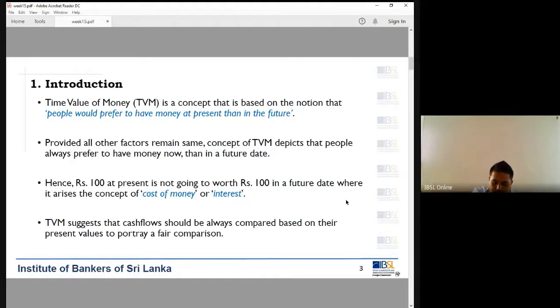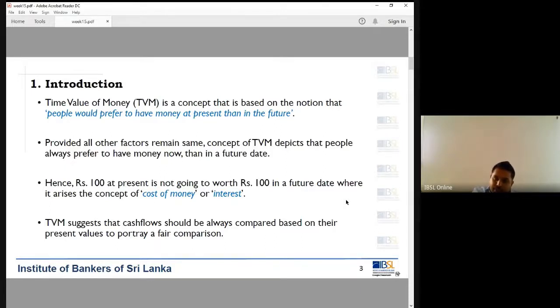So the entire discussion on the net present value, as well as the areas on say perpetuities, annuities, effective interest rates, the NPVs, the IRRs, and everything boils down to this point on the highlighted blue color text, that is the people would prefer to have money at present than in a future date.